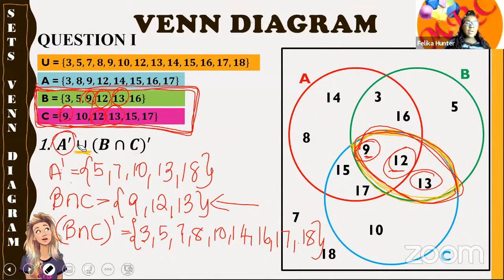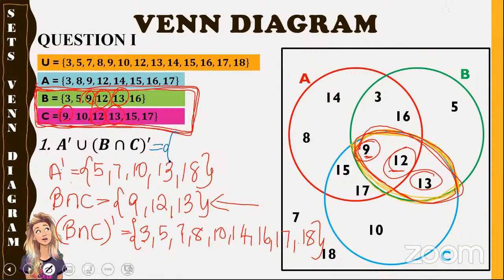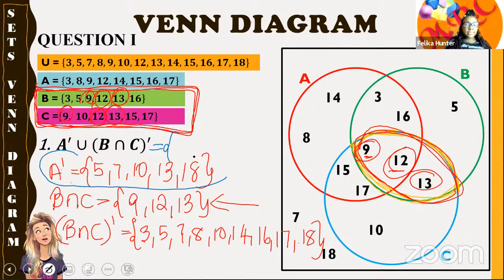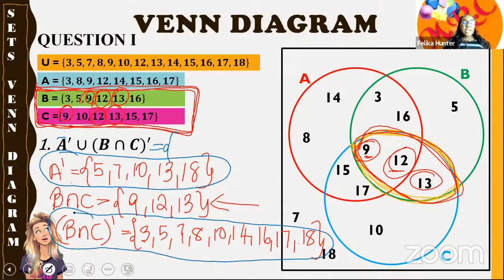Let's write down what is in this set now: A complement, and B intersect C complement. That will help me to know the elements for A complement union, open bracket, B intersect C complement.